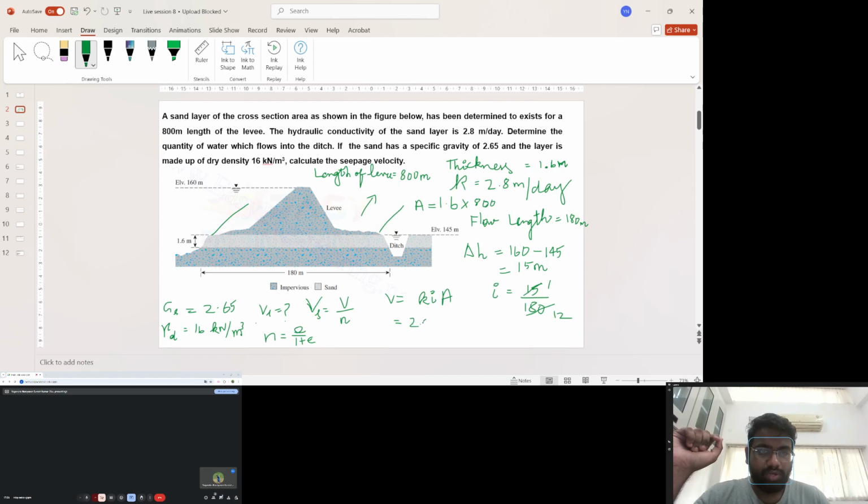It will come 2.8 meters per day into i, which is 1 by 12, into area in meter square, 1.6 into 800. So 2.8 into 1.6 into 800 divided by 12.